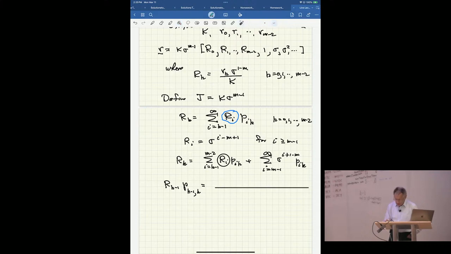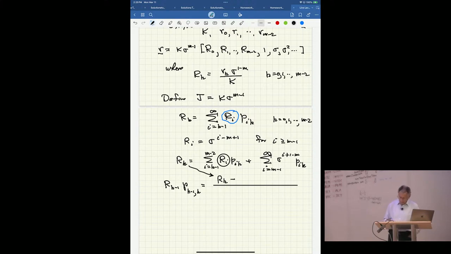If I take this one term out and throw it over here, all the rest goes on this side, and I've got to divide by something. So let's write that out. On the right-hand side, I'm going to get r sub k itself, which was on the left-hand side. That's this term here.